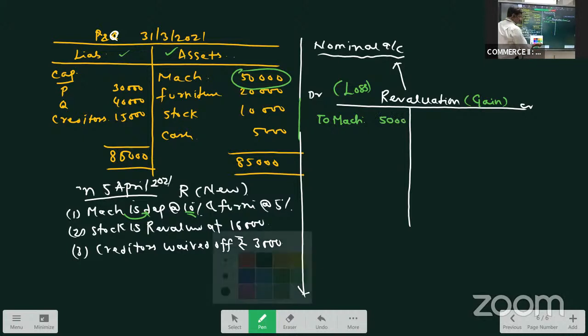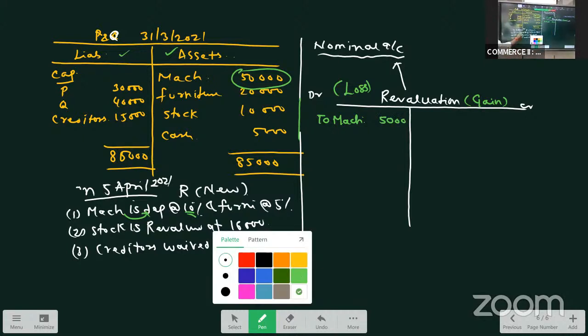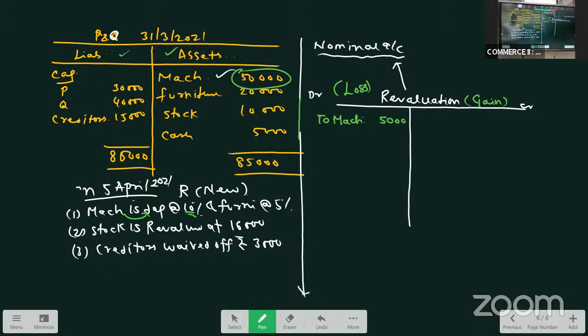Sir, how did you get 5,000? See this 50,000? 50,000 into 10 by 100. 10% is 50,000 into 10 by 100. That is how we calculate 5,000. Okay. So now depreciation is a loss. It is taken on the debit side. Similarly, depreciate furniture.